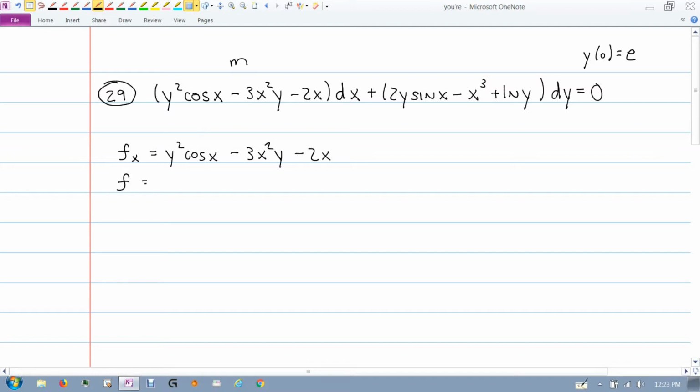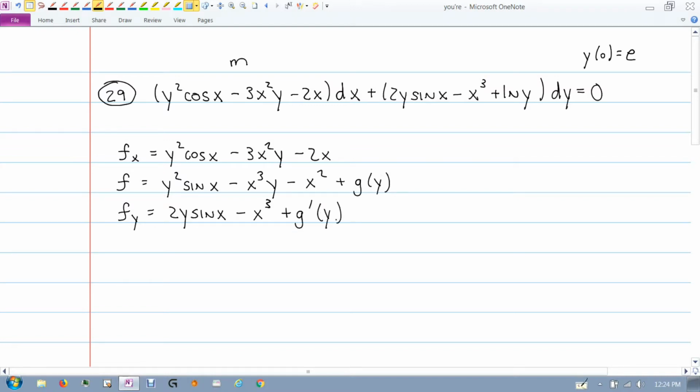So that means if we integrate with respect to x, we get y squared sine x minus x cubed y minus x squared plus some function of y. Differentiate that with respect to y, we get 2y sine x minus x cubed plus g prime of y.